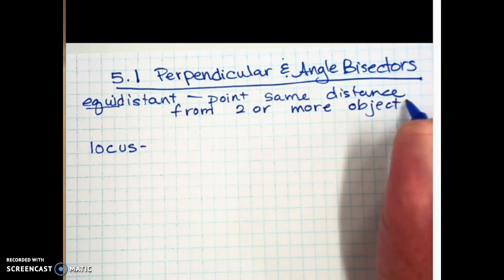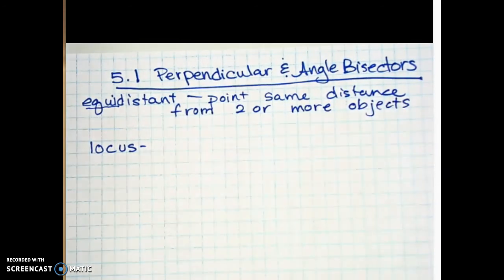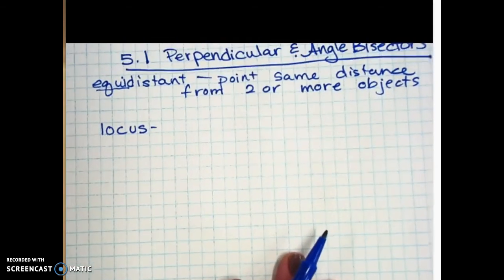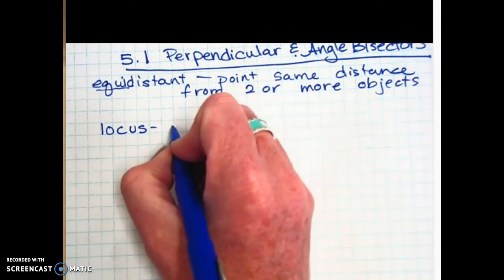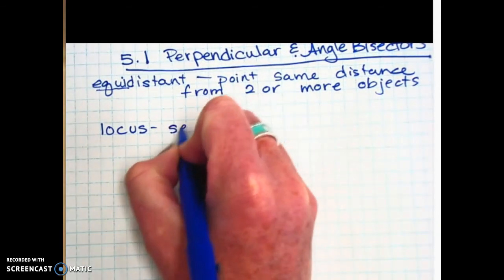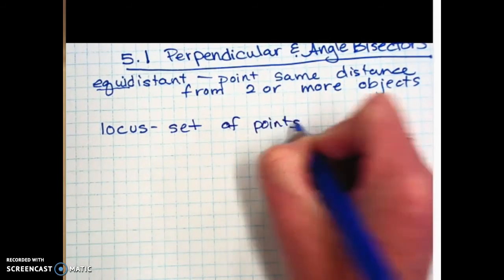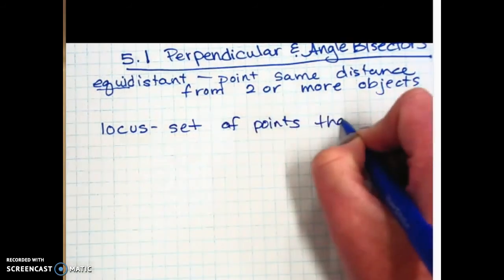In geometry, those objects are usually a line, a point, okay? And then a locus, you won't see this word as often, but it's going to be a set of points that satisfies a condition.